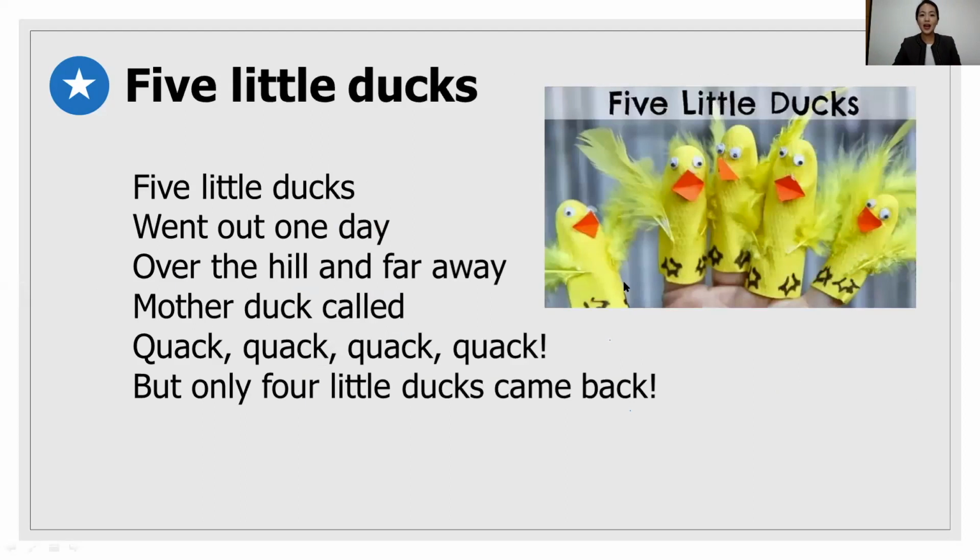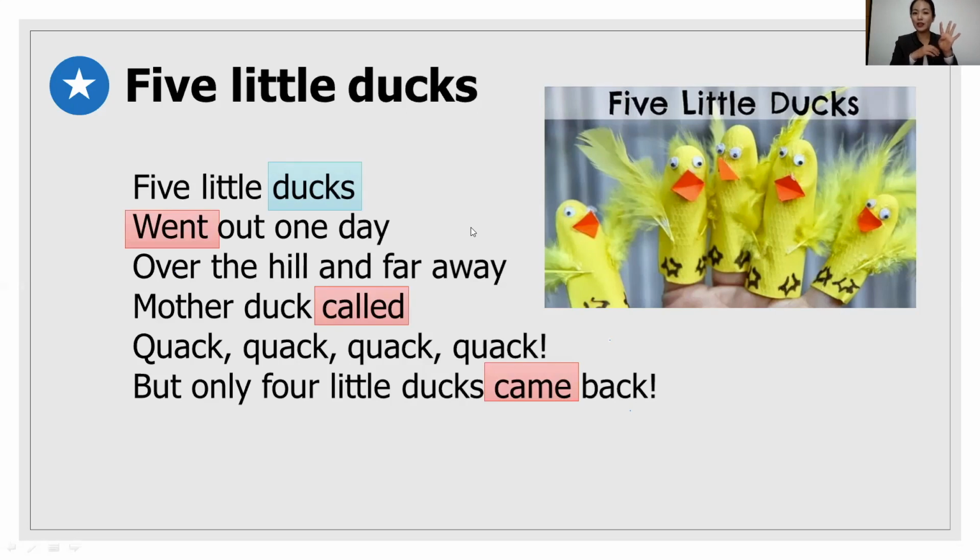Okay. And this is a Five Little Ducks song. This is usually used for plural and the past form, like five little ducks went out one day over the hills and far away. Mother duck called quack, quack, quack, quack, but only four little ducks came back.